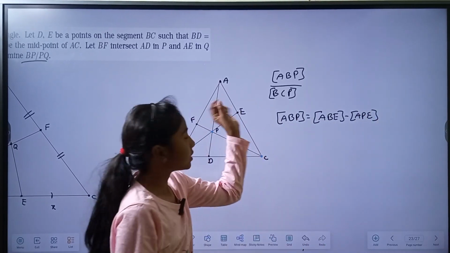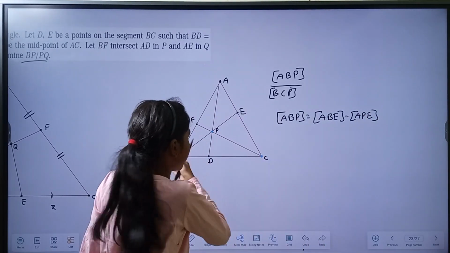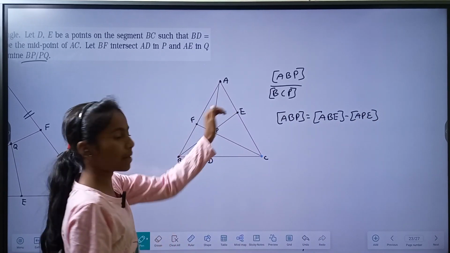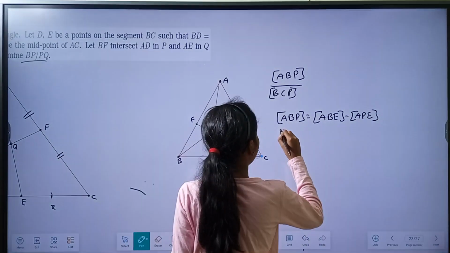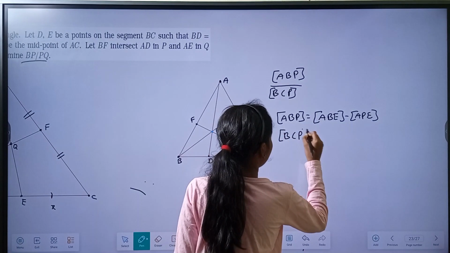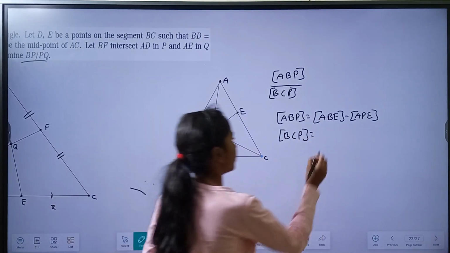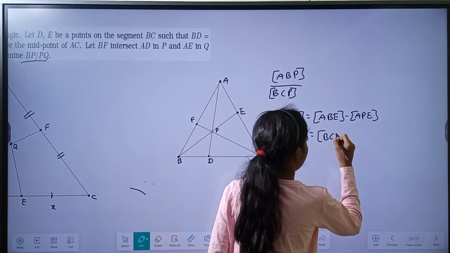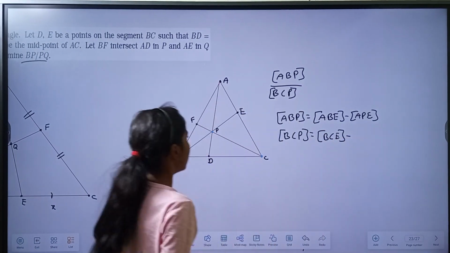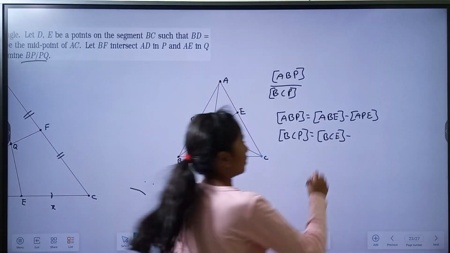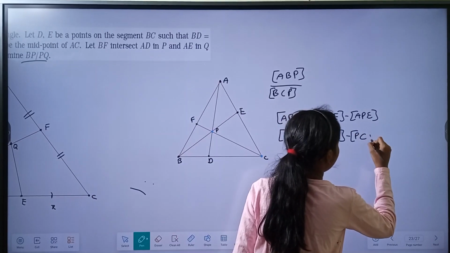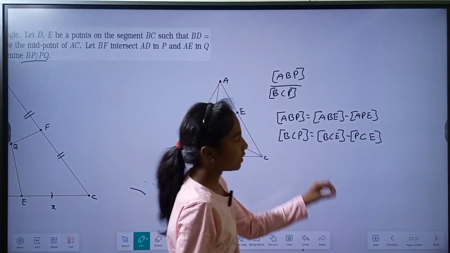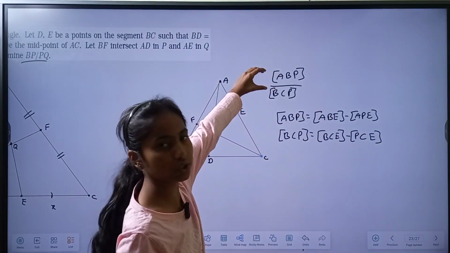And similarly, the same rule for BCP also. We can write BCP equals BCE minus PCE.